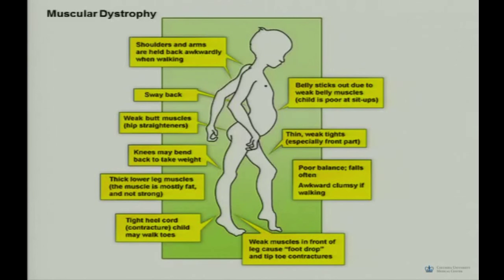Contractures of the hands are pretty common, and that happens when you have an imbalance of antagonistic muscle groups, where the stronger side dominates and the joint is pulled in a particular position.